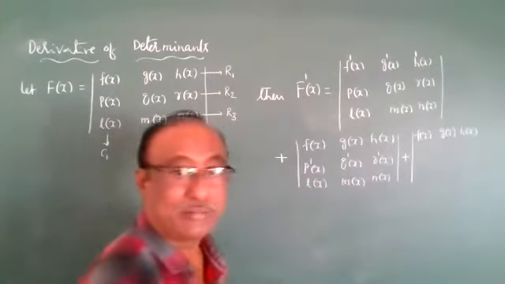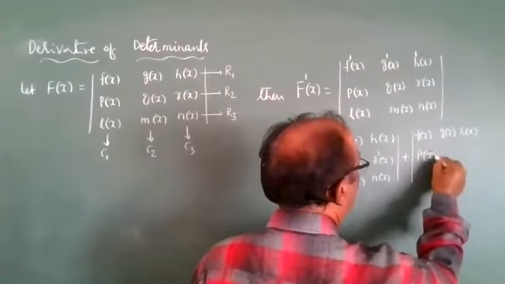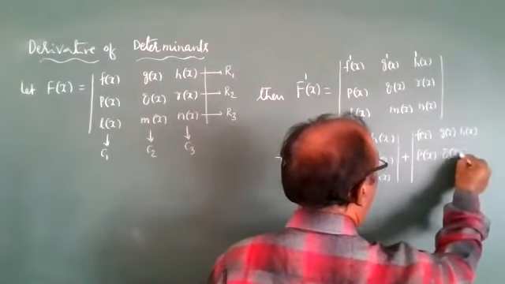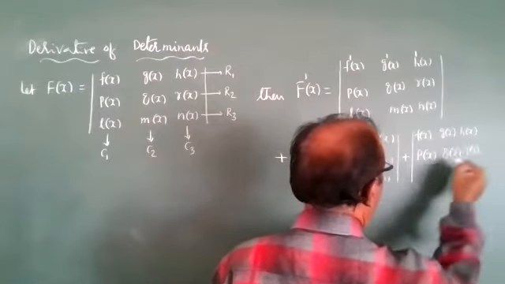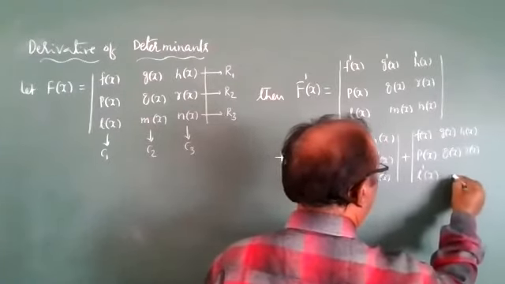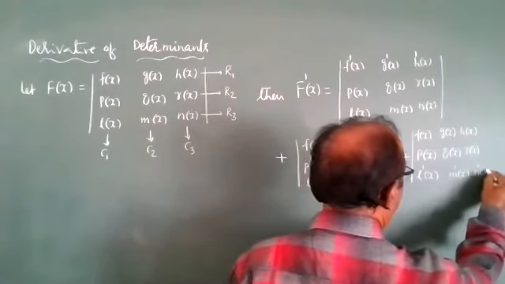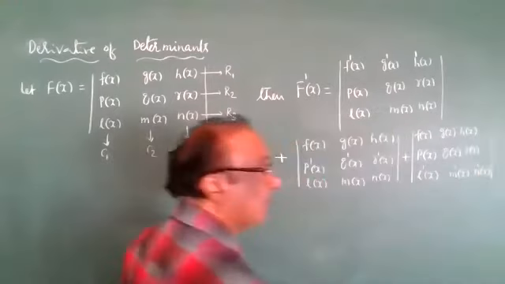The second row is p of x, q of x, r of x. The third row has every element differentiated independently.